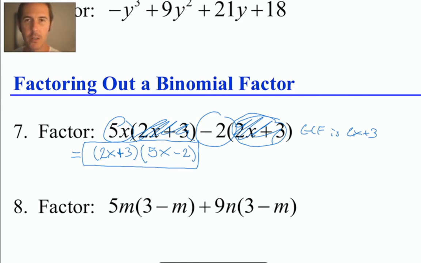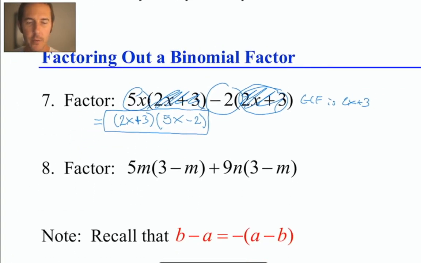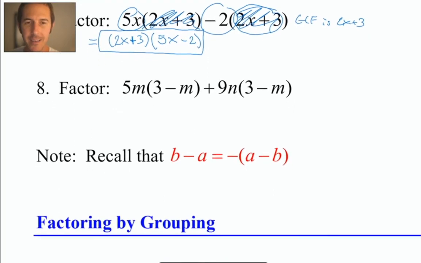So I'm showing you little bits and pieces of a larger picture, and I promise you we will be looking at the larger picture and see how all of these fit in there. So we factored out a binomial as a common factor and this note. This little factoring feature is something that pops up every once in a while. Not all that often, but every once in a while.